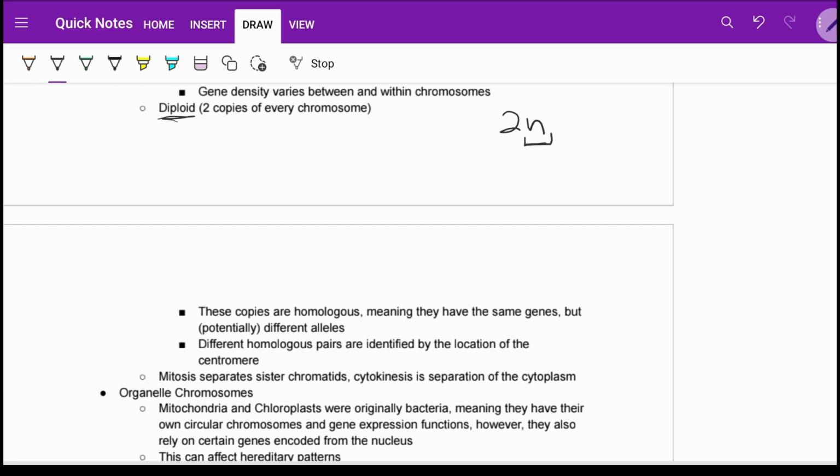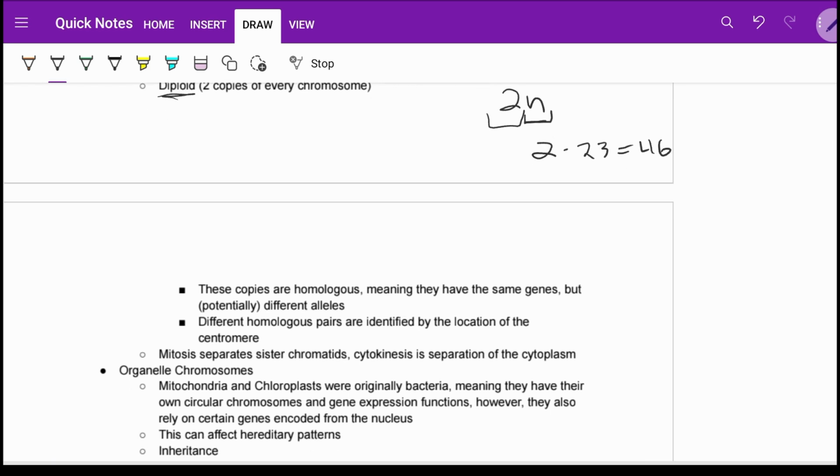So in humans, that would be 23 because we have 23 types of chromosomes. But we are diploid organisms, which means we have 2 sets of that 23, which brings us to 46. So 2n would be 2 times 23 equals 46. So that's our human example.